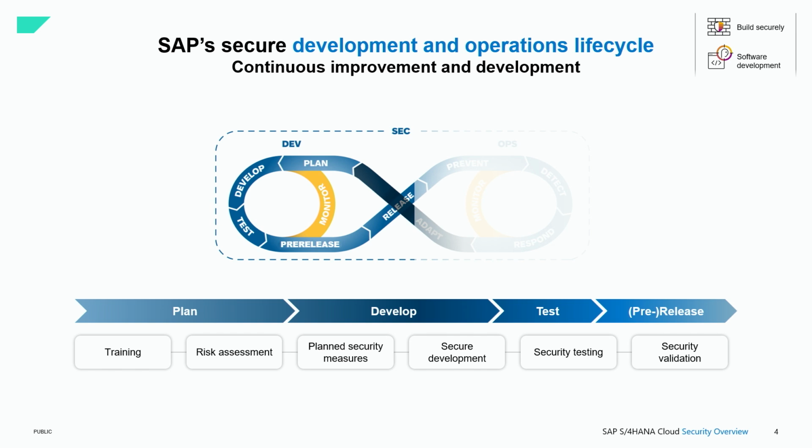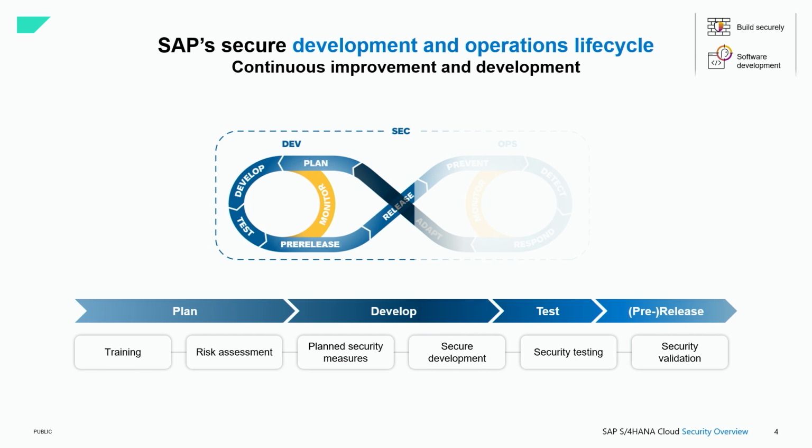What you see here is our secure software development and operations lifecycle. Let me first start at the development part and later go on to the operations part. It is divided into several phases. You see here at the bottom of this slide: plan, develop, test, and then the release phase. In the beginning, developers and dedicated security experts are, of course, trained with specific training sessions on specific topics that are required in that context.